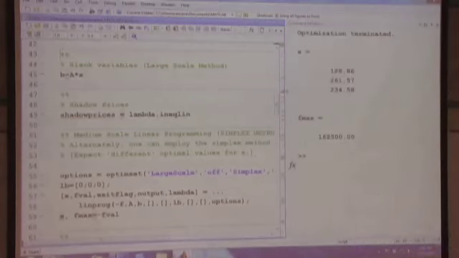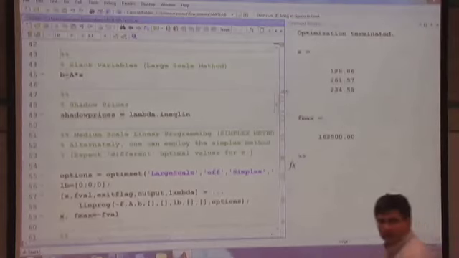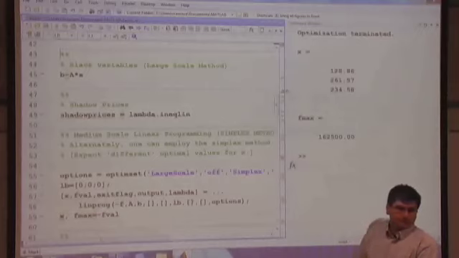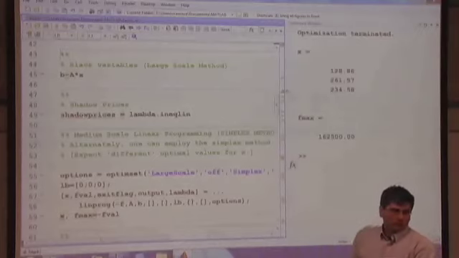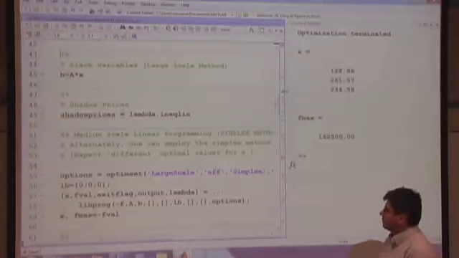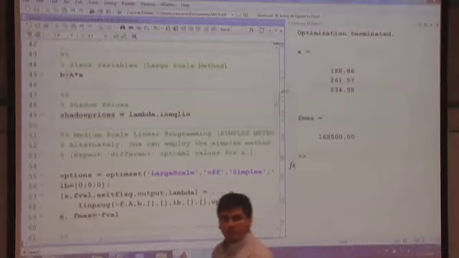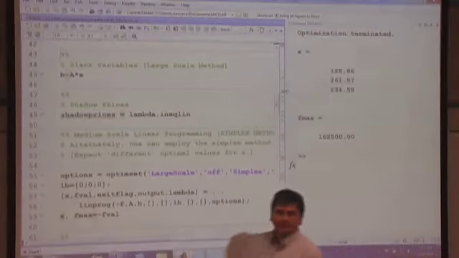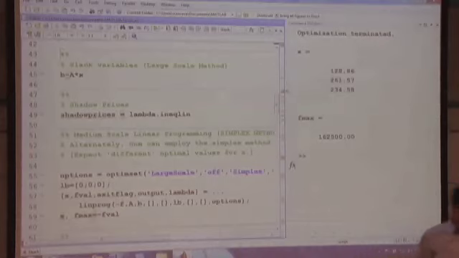It found the f max, and it found this vertex, or these values of x1, x2, x3. Okay. How would you put a negative in front of the function because you know that you're looking for a max and not a min?